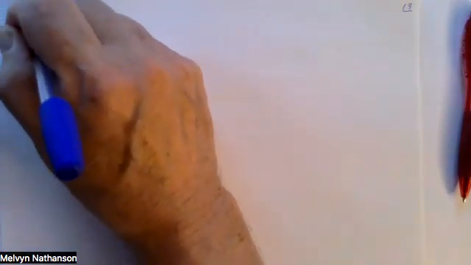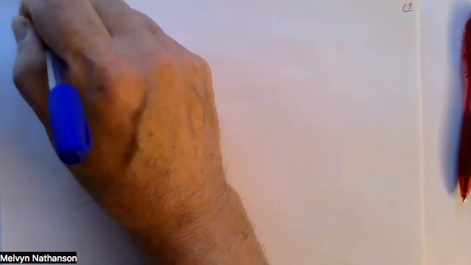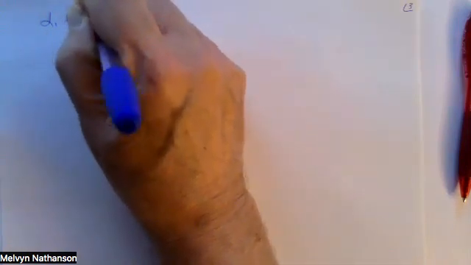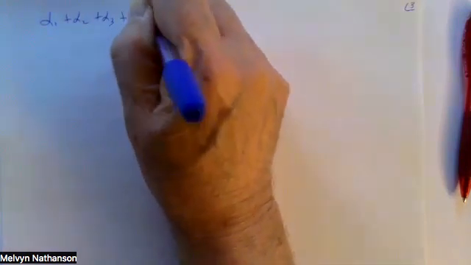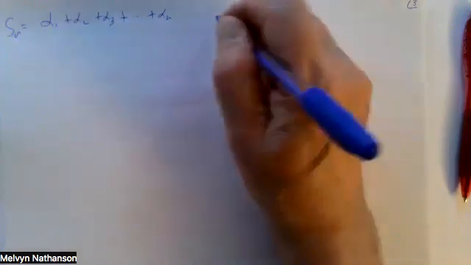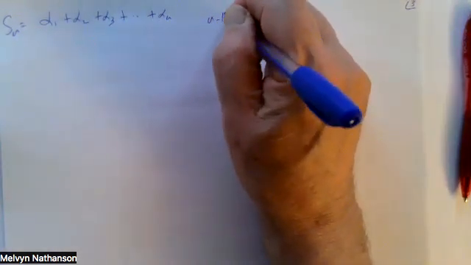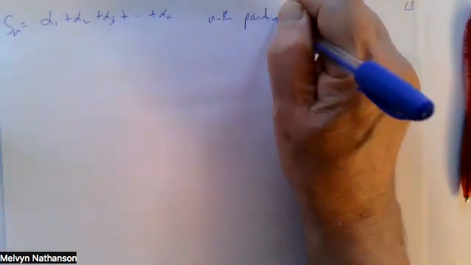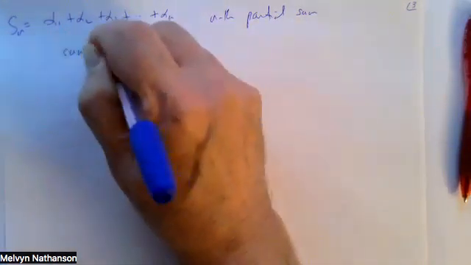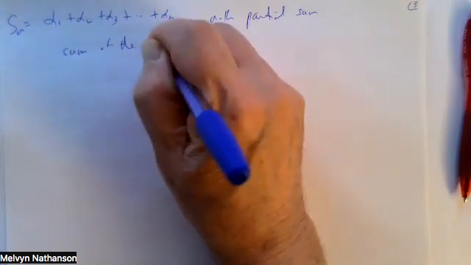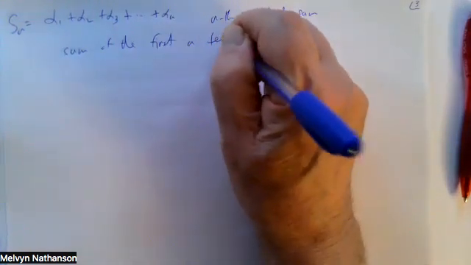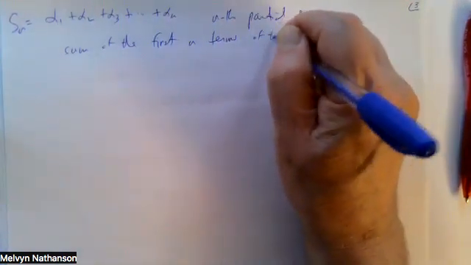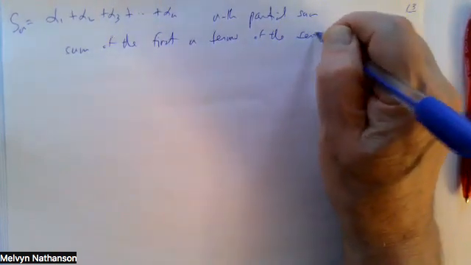So if you have a series, alpha 1 plus alpha 2 plus alpha 3 plus alpha n and so forth, suppose we let Sn be the sum. So this is what is called the nth partial sum, which is the sum of the first n terms of the series.